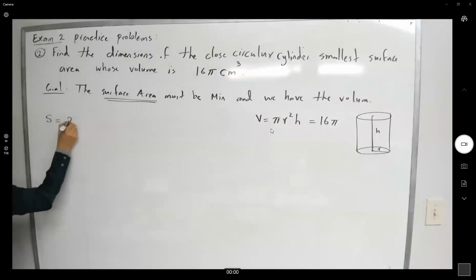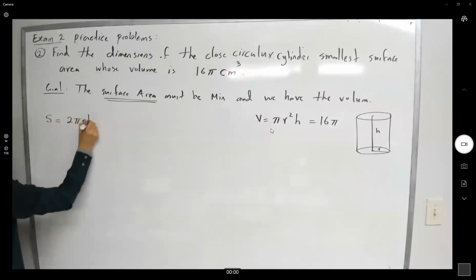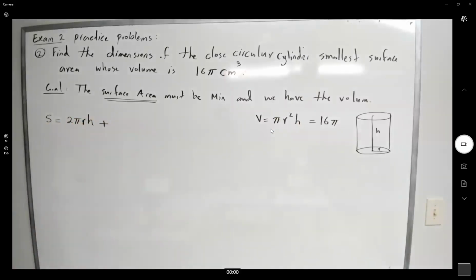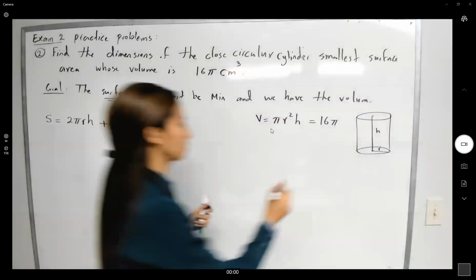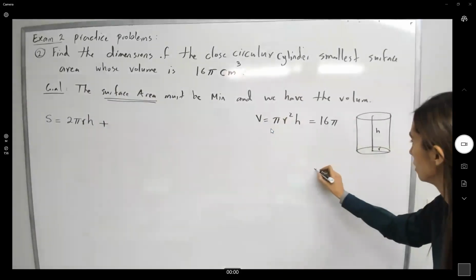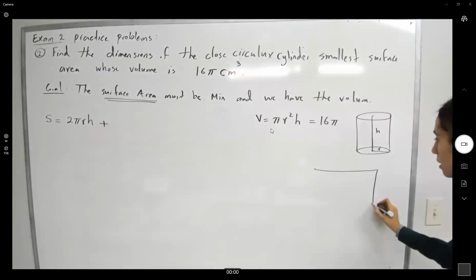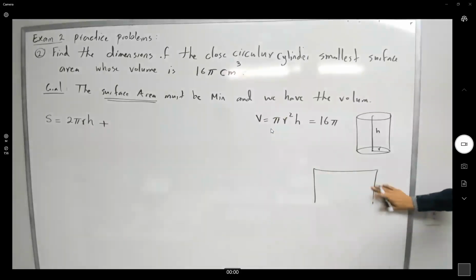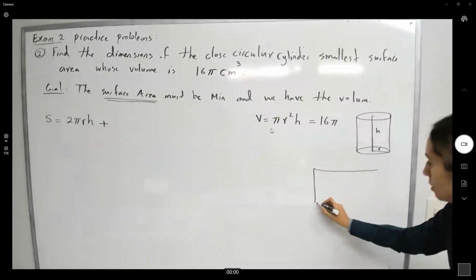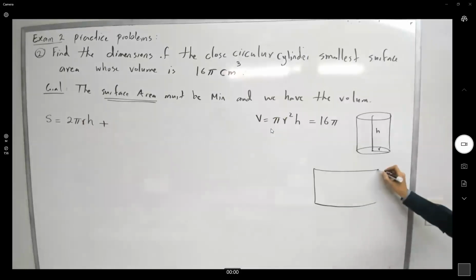Now the surface area itself. Surface area, 2 pi rh plus, so here you are taking this cylinder and opening it up. 2 pi rh.